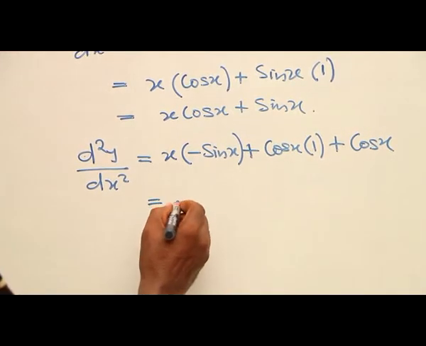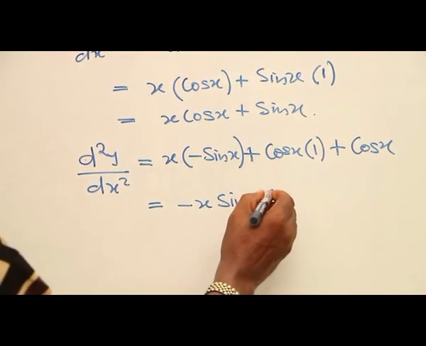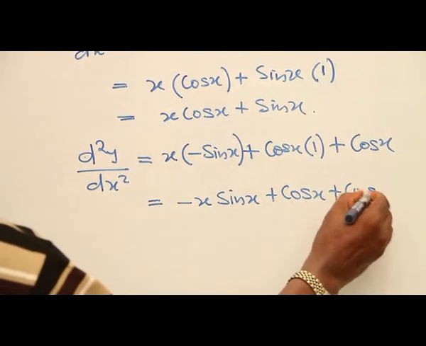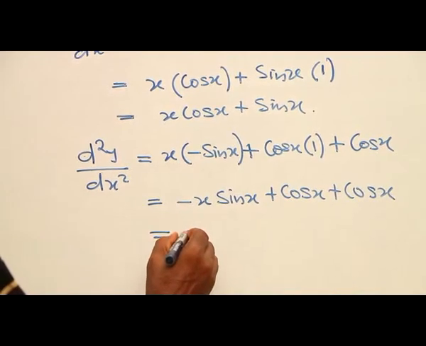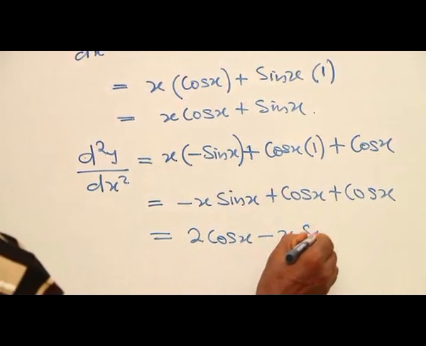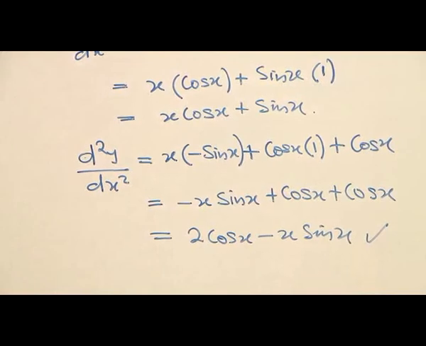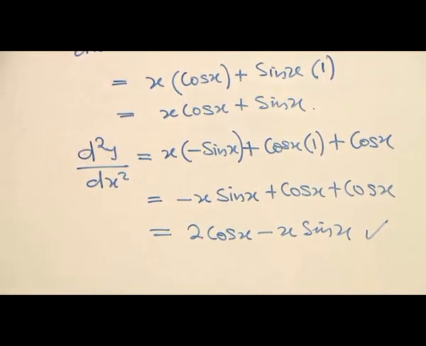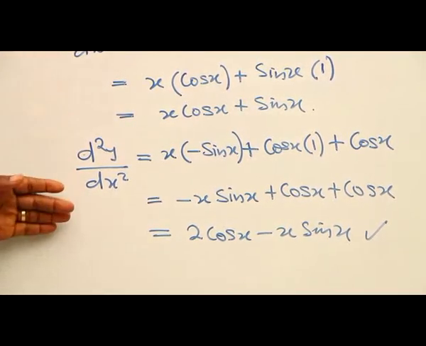Opening the bracket: minus s sin s plus cos s plus cos s. Simplifying further, you have 2 cos s minus s sin s. And this is the second derivative of the given function. You can see that they are easy as long as you follow the rules guiding differentiation.